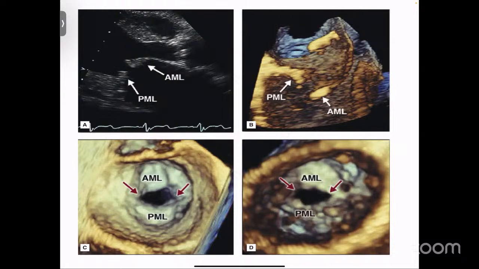We can also appreciate in the right upper image a thickened and stenotic valve separating an enlarged left atrium and left ventricle. And we can also appreciate the characteristic commissural fusion pointed out here by the red arrows. Yes, and we can also see the doming of the anterior mitral leaflet.